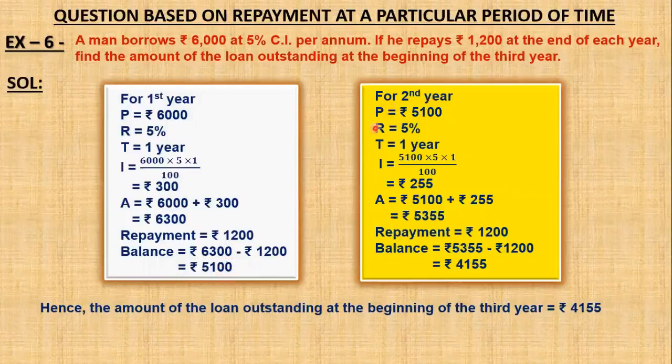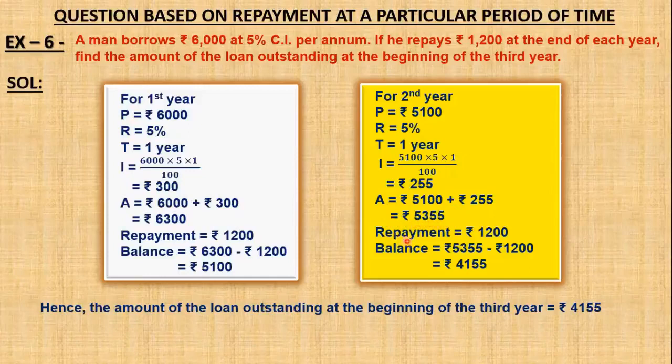For second year, principal is rupees 5,100, rate 5%, time 1 year. Interest is equal to PRT upon 100, that is rupees 255. Amount is equal to rupees 5,100 plus rupees 255, which will give rupees 5,355.